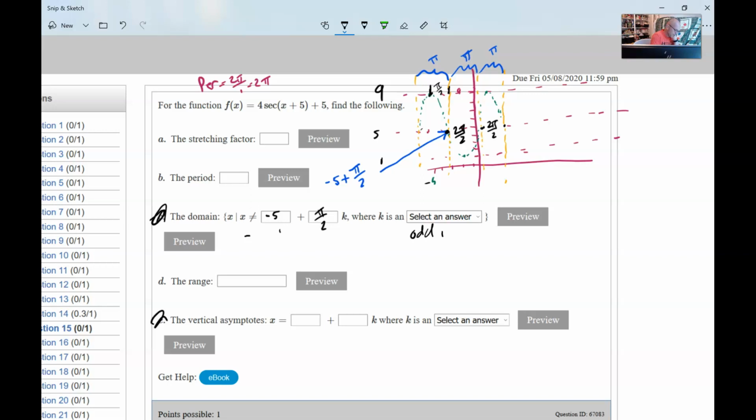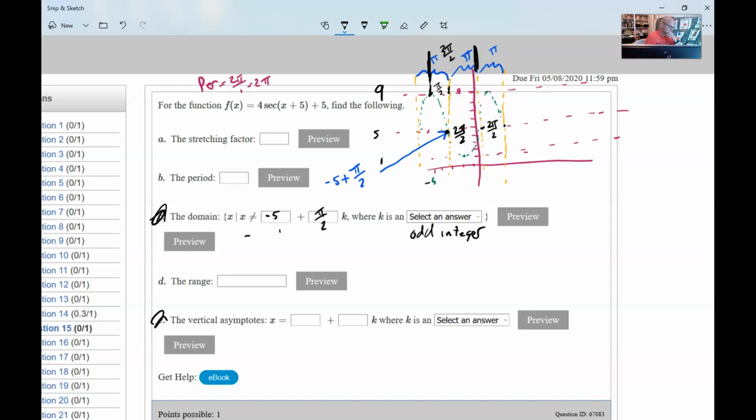And that's why they have the option over here to pick odd integers. Because notice that when I put a 1 in for k, that'll add just a pi over 2 the first time to get to that first asymptote. But then if it's odd integers, the next k I'm going to plug in is going to be 3. And notice that from this line to that line, it is 3 pi over 2.